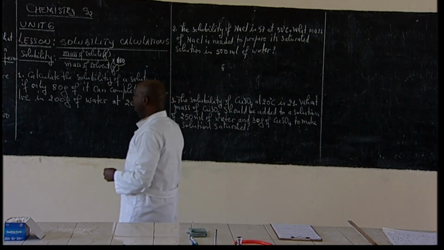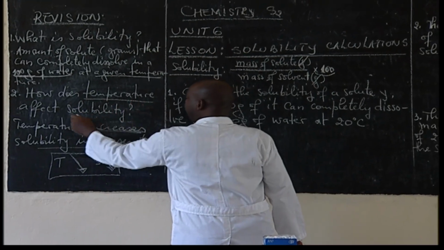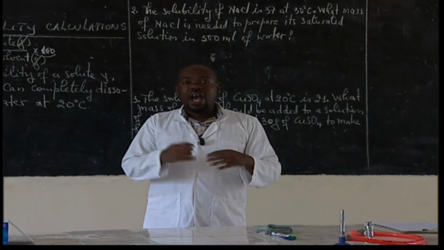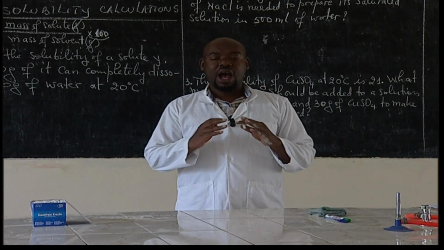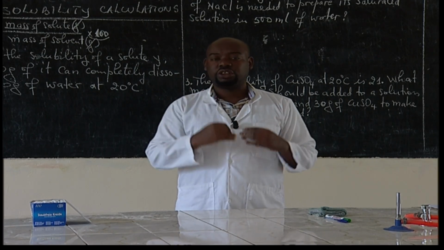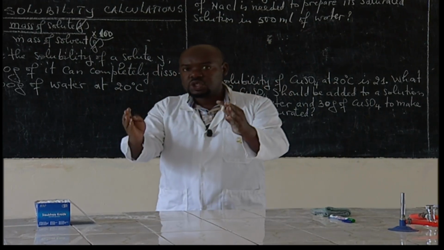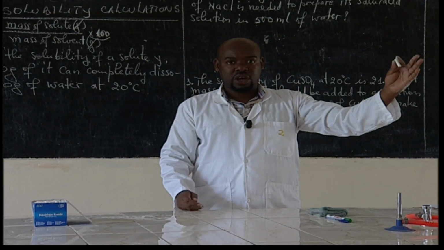Okay, and here we said, how does temperature affect solubility? When we define solubility, we have to be very specific with the temperature because, as we know, temperature changes and also solubility changes. So when you say the solubility of a given substance is this one, it will be at a particular temperature.